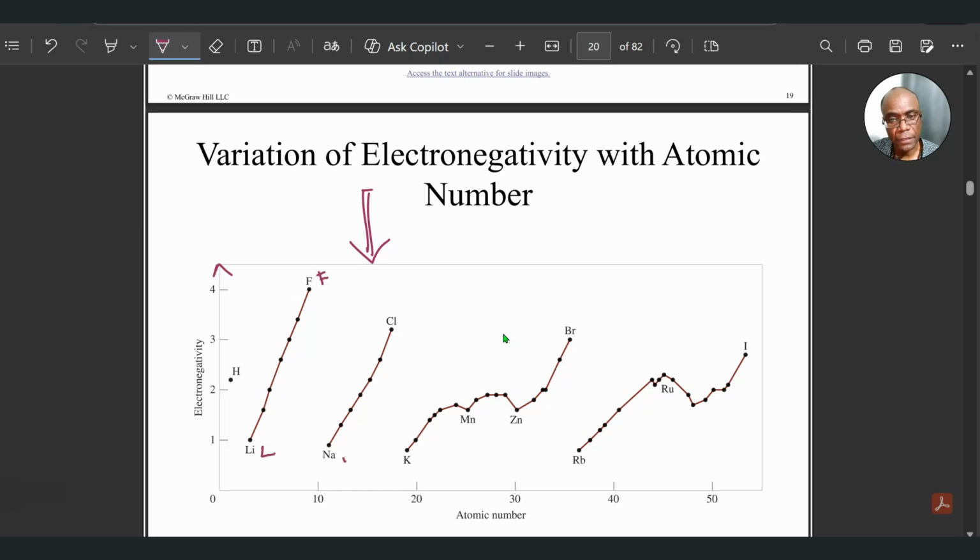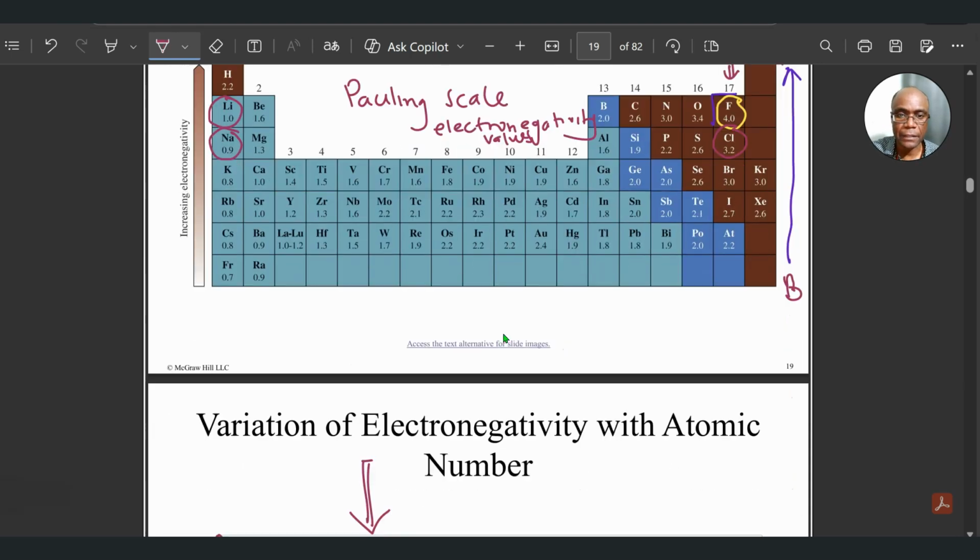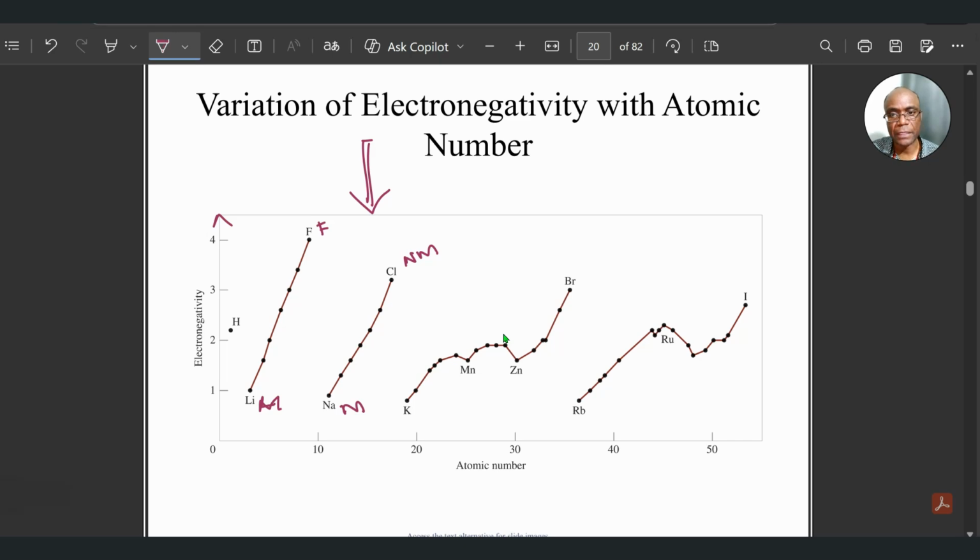As you move from the metal to the non-metal, lithium is a metal, and chlorine here is a non-metal. Lithium is on the left, fluorine is on the right, sodium is on the left, chlorine is on the right. Generally, you expect that nonmetals will have higher electronegativity than their metal counterparts in the same period of the periodic table.